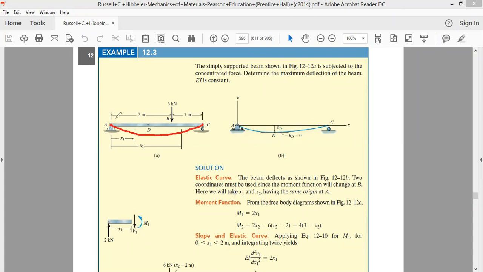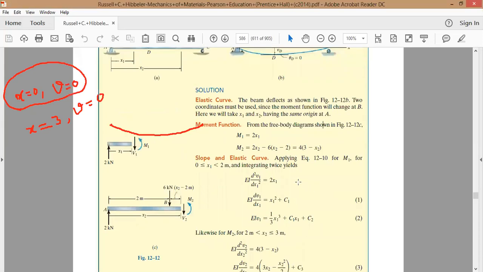So we can write that at x equal to 0, the value of our deflection is 0. This is fine. And at x equal to 3 meter, the value of our deflection is again equal to 0. But now the question arises: when we use x equal to 0, the value of our deflection equal to 0, which equation will we use in this case?